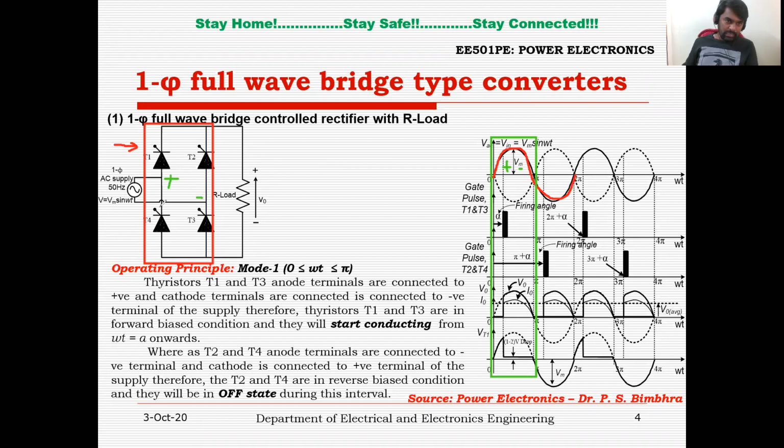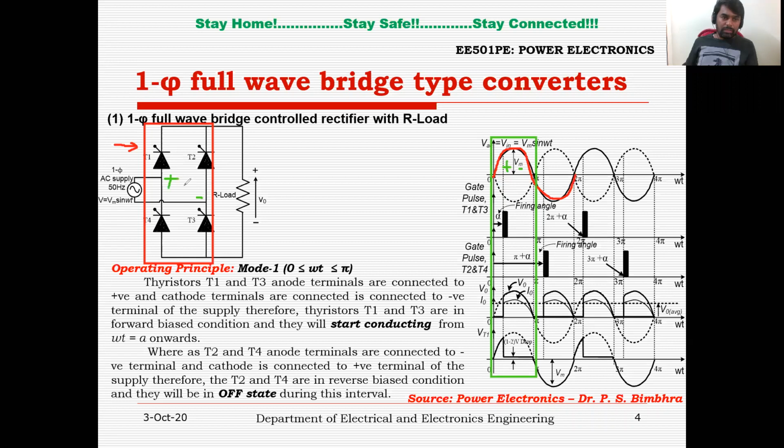Now I can see leg A, which consists of T1 and T4. The center point of leg A is connected to positive, and leg B consists of T2 and T3, which are control elements, connected to the negative terminal.